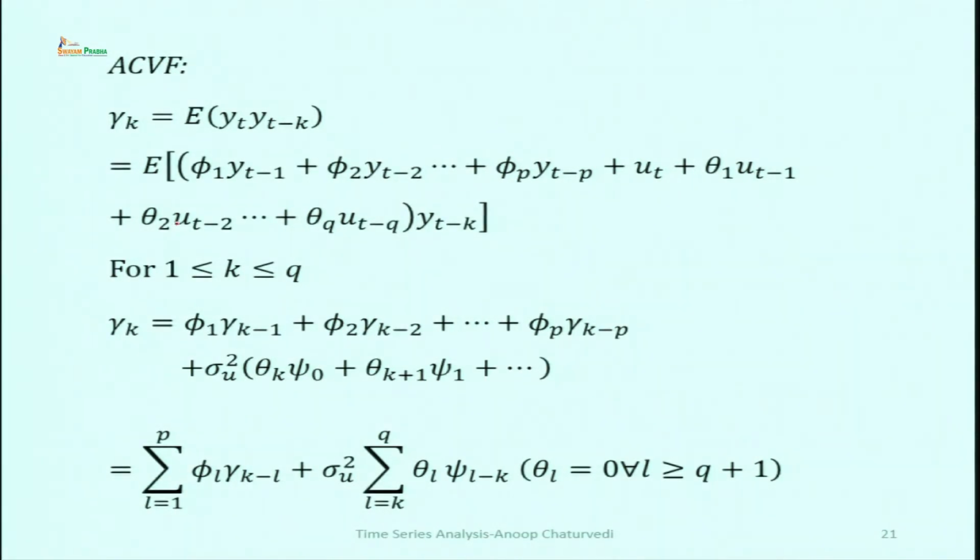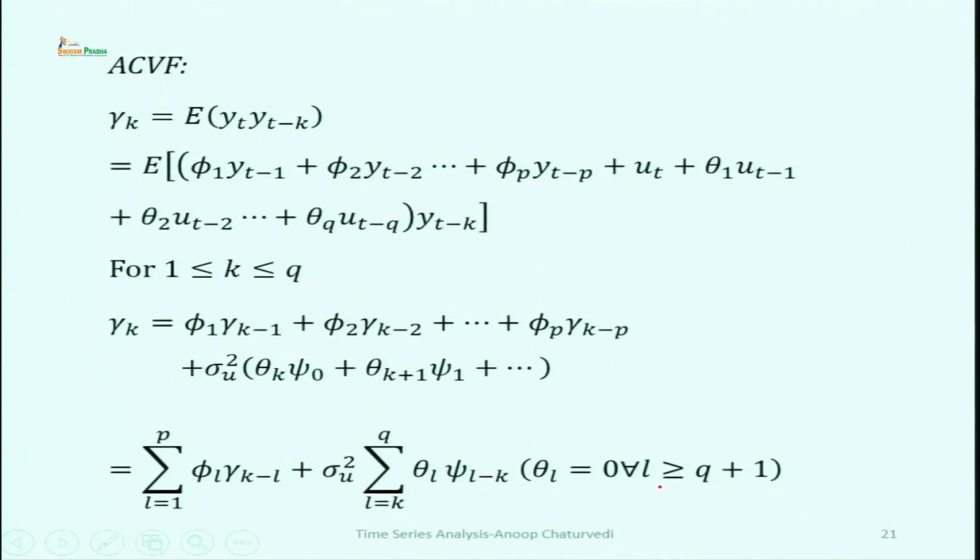And then we consider these terms involving u's, and then expectation of these terms after taking product with the y t minus k, you obtain plus sigma square u, theta k psi naught plus theta k plus 1 psi 1, and so on, and then you write it equal to summation L equal to 1 to p phi L gamma k minus L plus sigma square u summation L equal to k to q theta L psi L minus k.